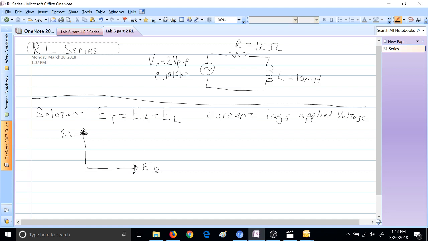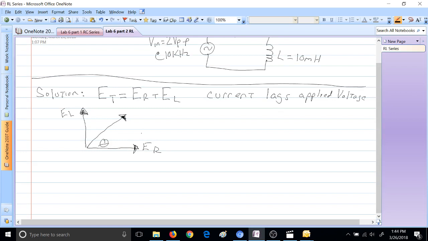And then we'd have some total applied potential that's somewhere in between, and it's at some angle off of here? No. Let's see if you are paying attention. It's always off the resistance. So some angle off the horizontal.